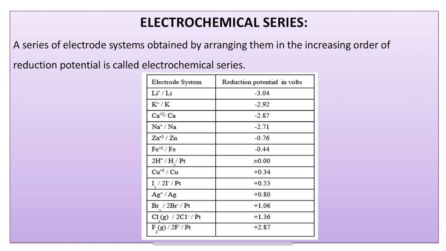In the electrochemical series, the electrodes, either metals or non-metals, are in contact with their ions and are arranged on the basis of the values of their standard reduction or oxidation potentials. Standard electrode potential is obtained by measuring the voltage when the half cell is connected to the standard hydrogen electrode under standard conditions.